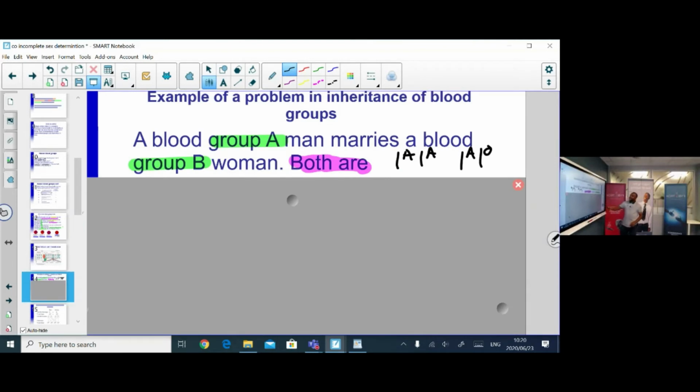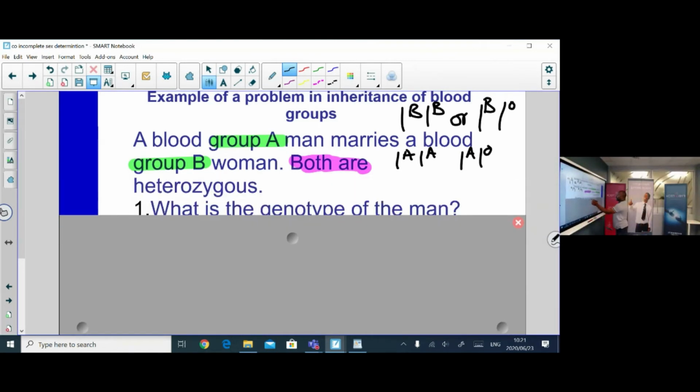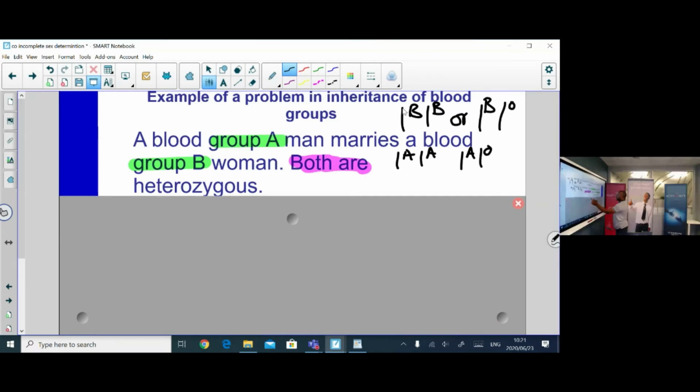All right. So same applies to B. I can correctly guess that B could be like this, or in a heterozygous condition. However, in this scenario, we are told both are heterozygous.